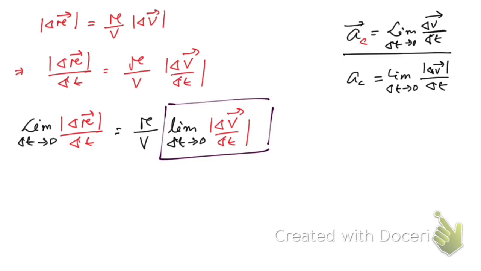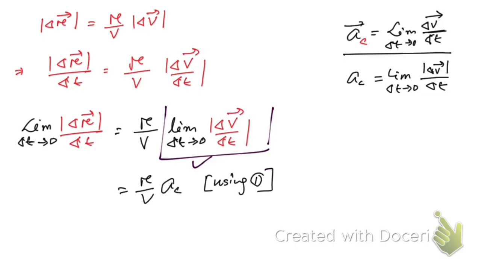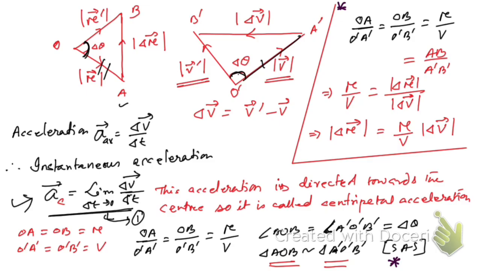This is the centripetal acceleration. If you compare this, we can replace this by AC. So here we're going to write R by V into AC, using equation number 1. This is equation number 1.